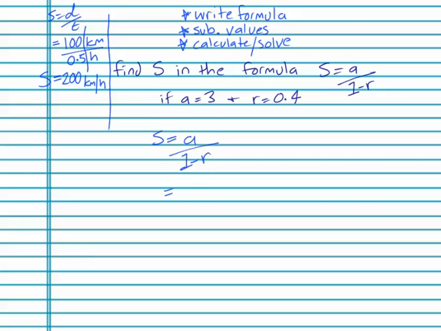We don't know S. We know A is 3. We know R is 0.4. And we just use order of operations to solve that. That's 3 over 1 minus 0.4, which is 0.6. Get our calculator out. 3 divided by 0.6 is 5. We don't know what S is or what it means, but we know it's 5.